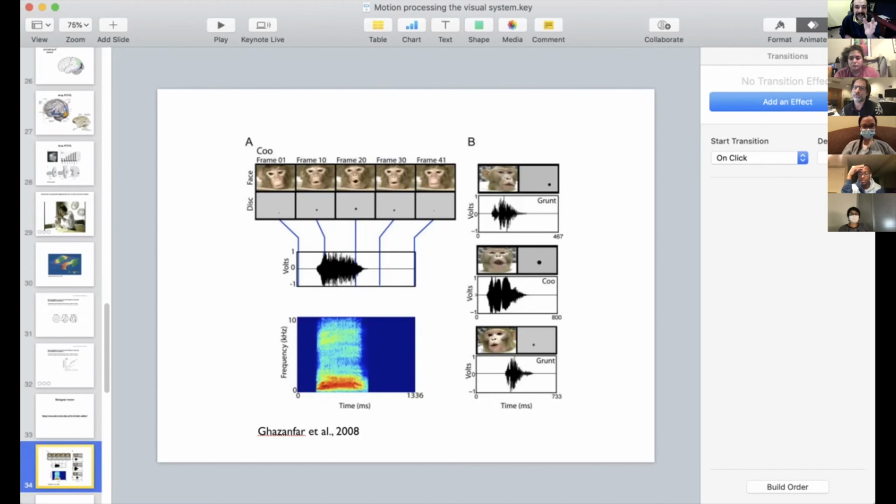So even that notion, that if you destroy MT, motion is gone forever, I don't think the data holds for that. MT is the tip of the iceberg, the first area that stands out because it's very motion selective. But I doubt other areas are not using it; it's almost impossible not to use the motion signal.